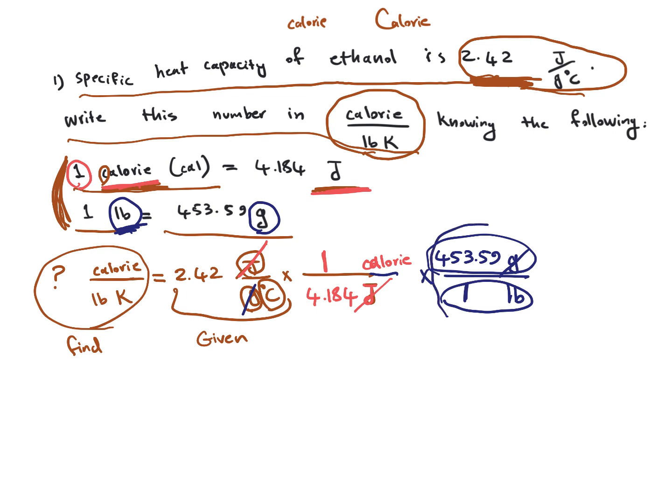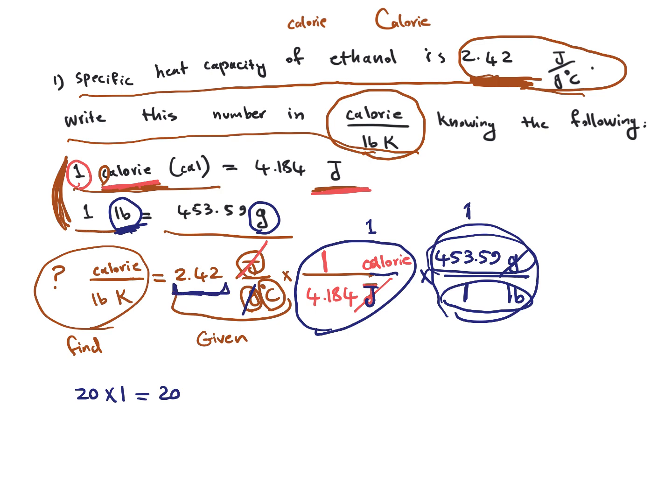That's why this conversion factor is 1. Mathematically, that's why we can multiply by it. If I have the number 20 and I multiply it by 1, it's still 20. That's the whole rationale of using conversion factors. 1 calorie equals 4.184 joules, so this would be 1, and I can multiply by ones without changing anything. I hope that makes sense.